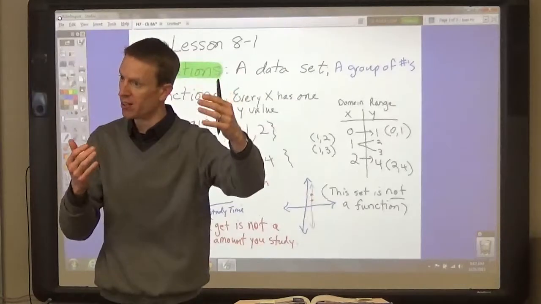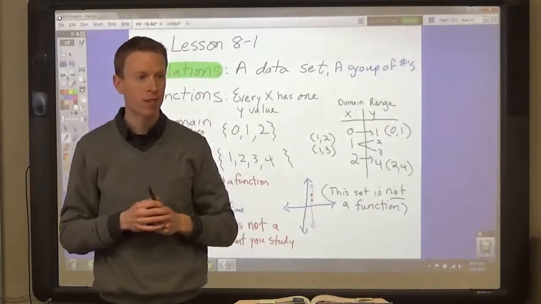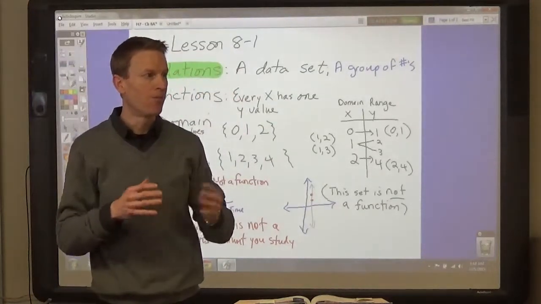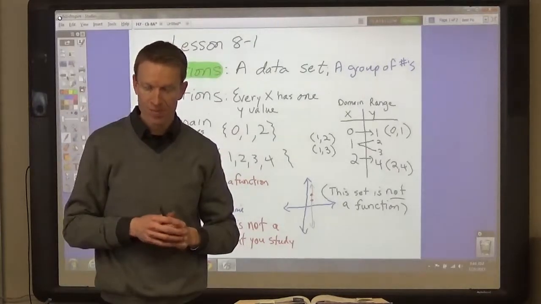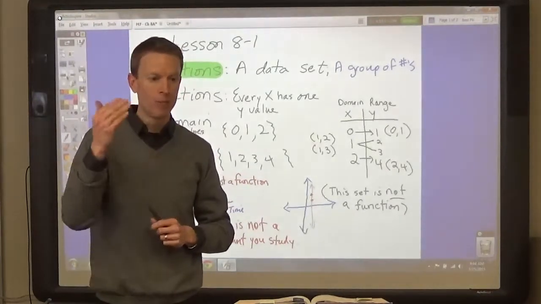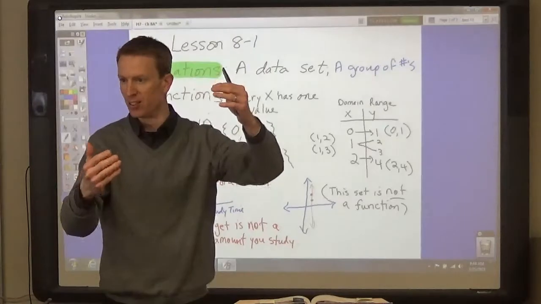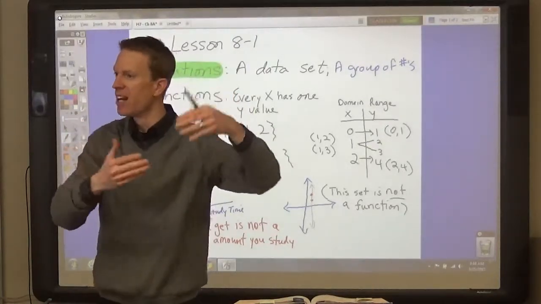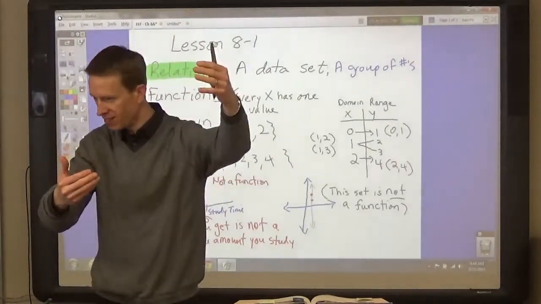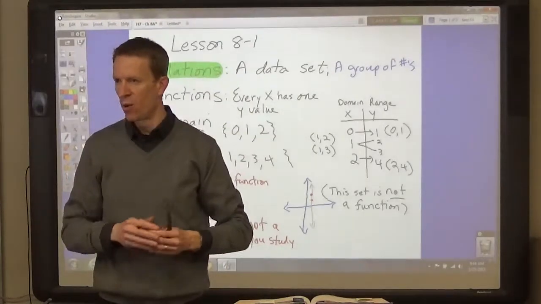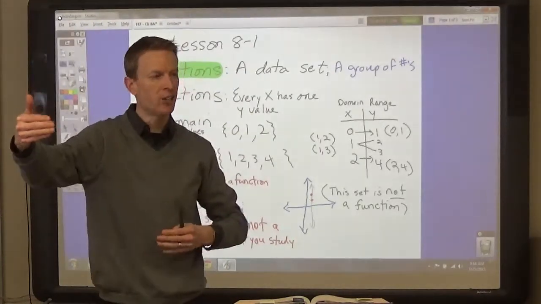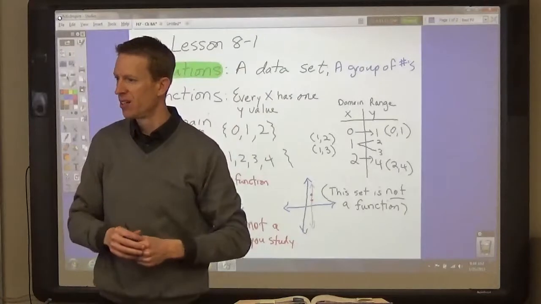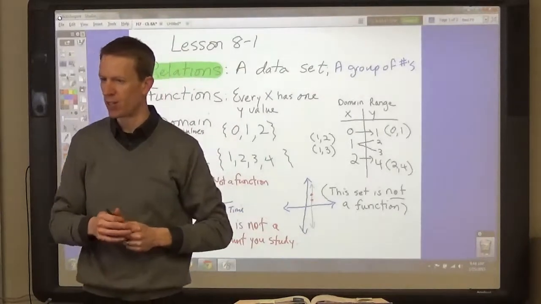That's a function. If the case is $5, then if you spend $10, you get 2 cases. You spend $15, you get 3 cases. The more you spend, the more you get. When one number changes and it changes the other number, that's a function. That's an example of a function.